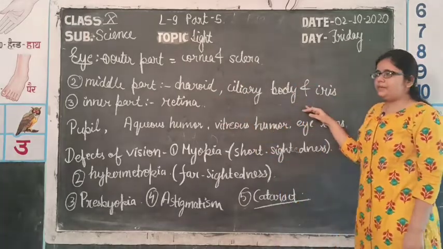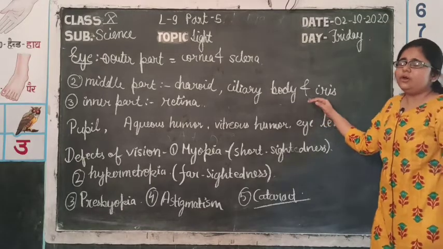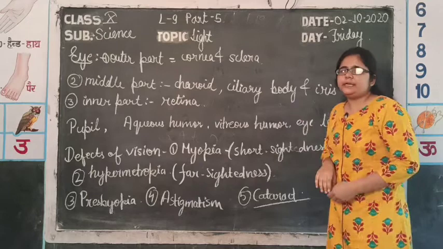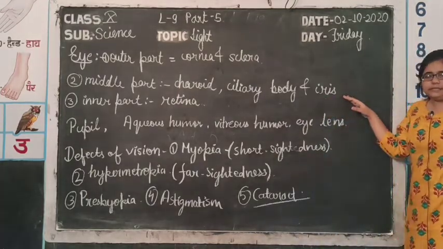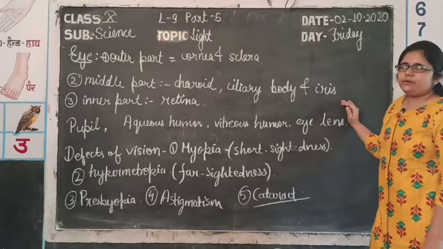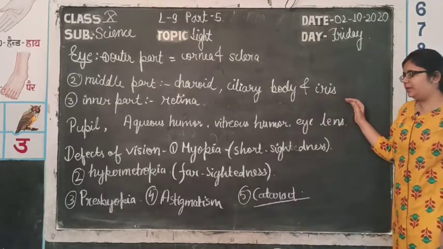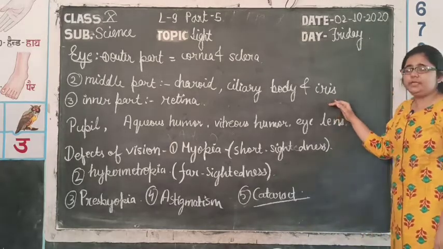Then comes the second part, that is ciliary body. These muscles help in contracting and dilating the pupil. The ciliary body is an extension of the choroid. Then comes the iris. Iris is a pigmented part of the eye in which a hole-like structure is present, which is known as the pupil. This iris may be of different colors in an individual.